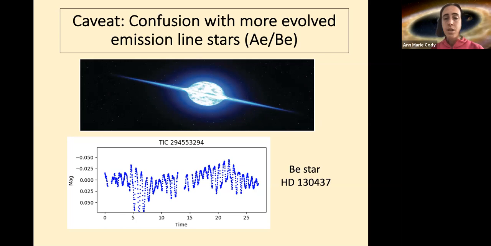Many of those exhibit stellar pulsations. So here's an example of a light curve of a Be star. That is probably not surface star spots creating the variability. So we have to be careful to actually clean the list for these interlopers, shall we say.